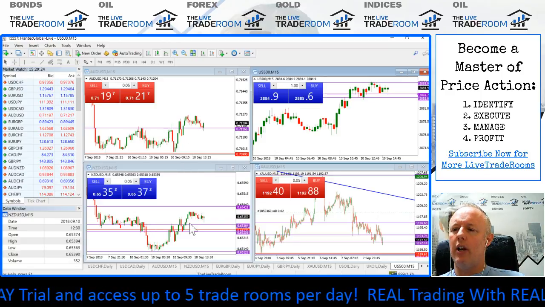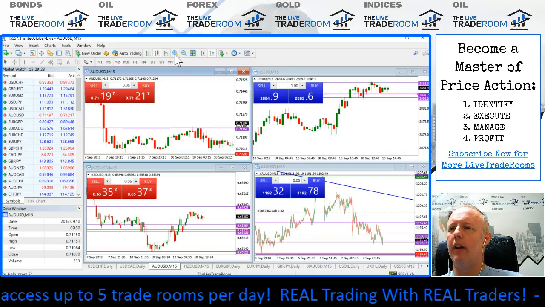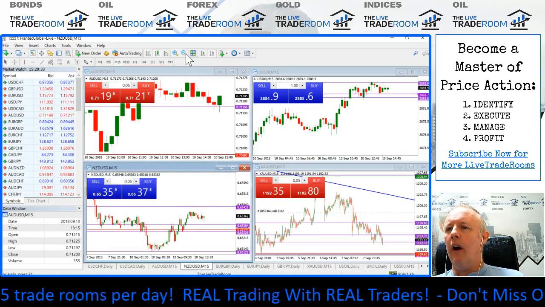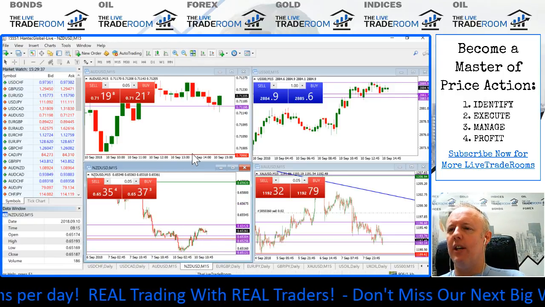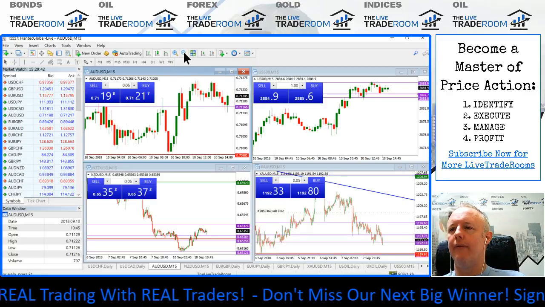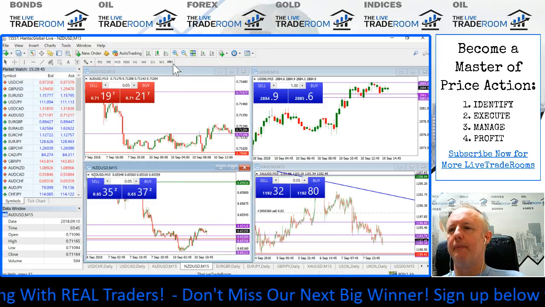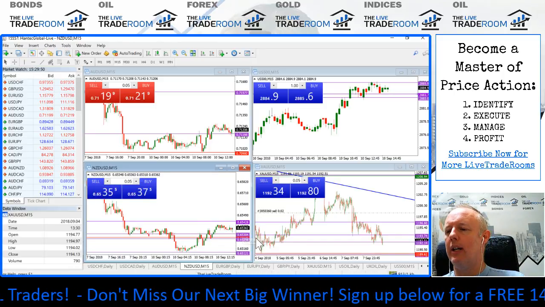Regarding the Aussie dollar and the New Zealand dollar, not really following through to the downside. The New Zealand dollar did get quite close to, so we'll keep a close eye on these levels.